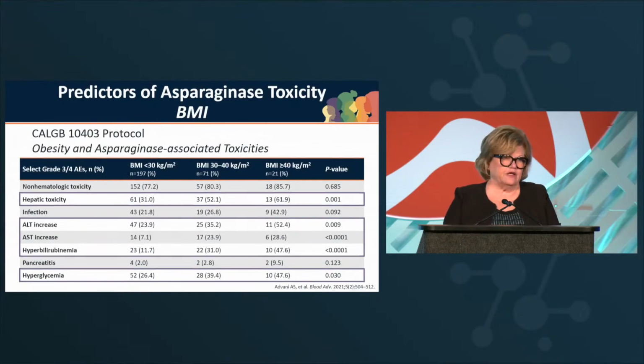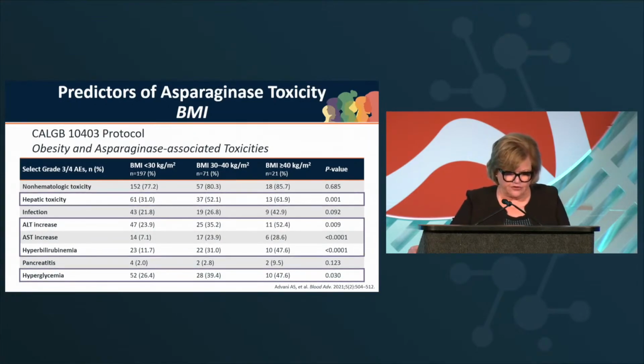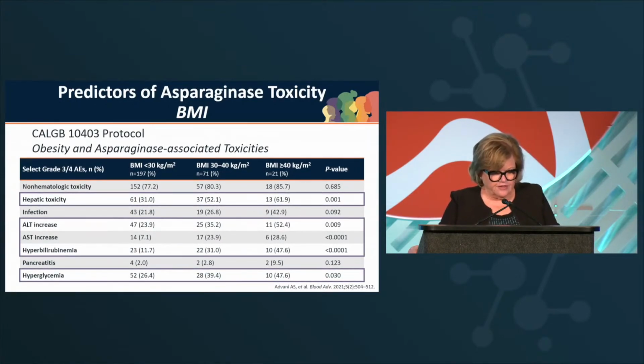And another thing we know through the trajectory of our ALL patients is that their BMI is also a predictor of a lot of outcomes, particularly even late outcomes. But here you can see that patients that have the higher BMI are more likely to have hepatic toxicity, and this may be related to the fact that they're more likely to have a fatty liver, and to have their hepatic enzymes go up and have higher bilirubin levels as well.